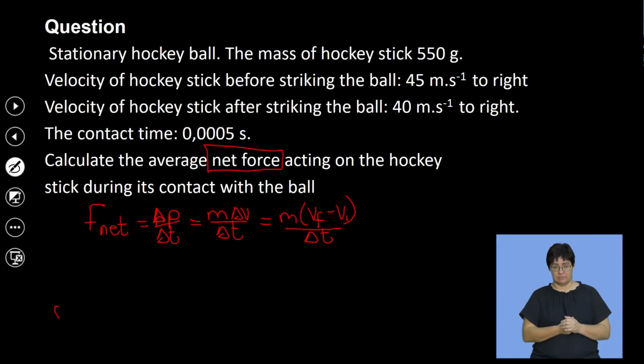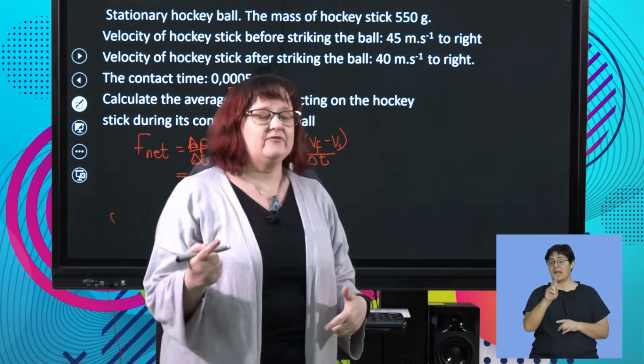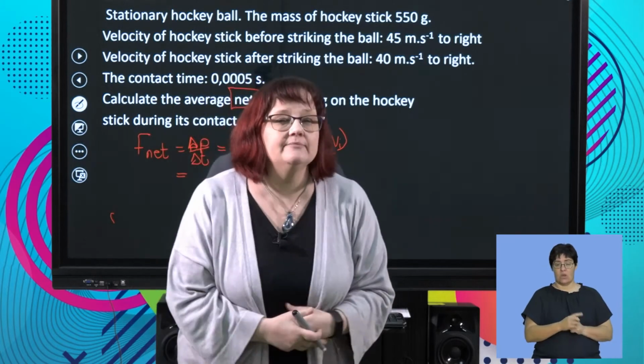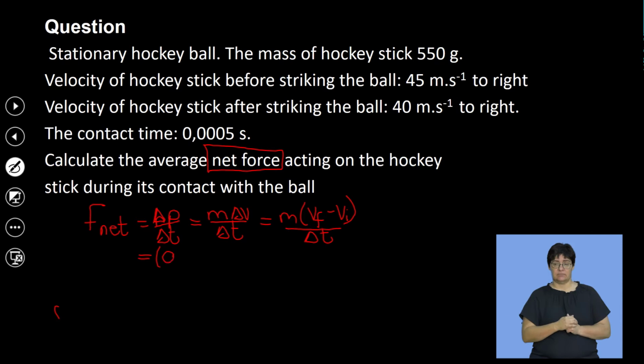Okay? Now I'm going to substitute in what I know. So I know that the ball is 550 grams, but can we work in grams? You should all be going, no. We have to work in kilograms. So we have to remember that there's 1,000 grams in a kilogram. So I'm going to divide by 1,000. So it's 0.55. Then final velocity was 40.